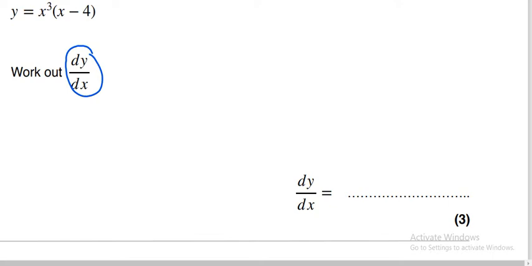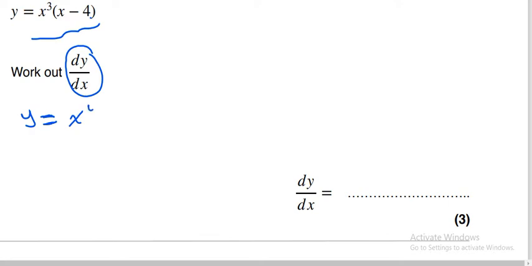We have 3 forms of the bracket: term multiply bracket, like this form, or bracket multiply bracket, or bracket power 2. These are brackets we can expand. So first, before differentiation, we will rewrite the expression in a simpler form by expanding the bracket.